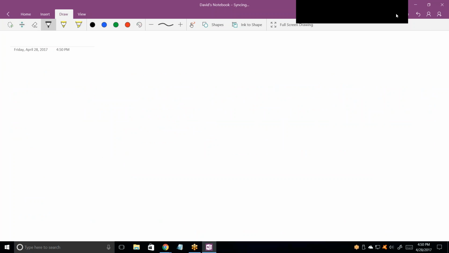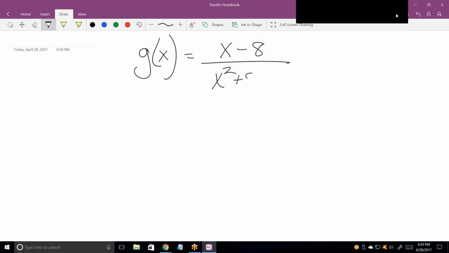So this is find all values of x that are not in the domain of G. G of x equals (x minus 8) all over (x squared plus 8x minus 9).